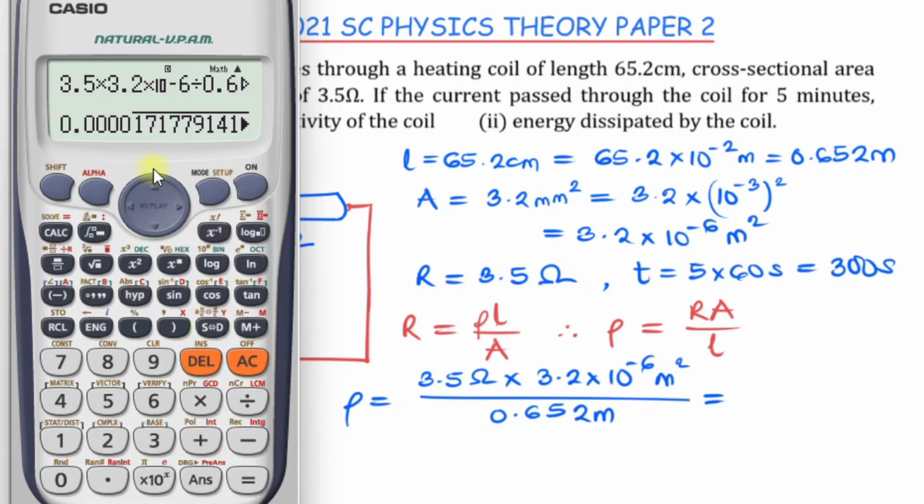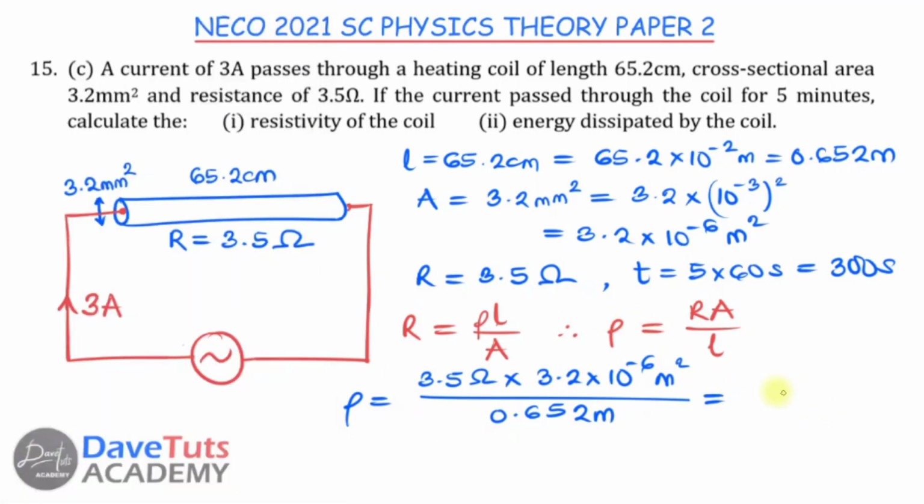This is 1.718, or 1.72 exponent minus 5. And what's going to be the unit? It will be ohm. Now this meter square would cut this meter to remain only 1 meter here, so it is ohm meter. All right, so that is the resistivity of this particular heating coil.